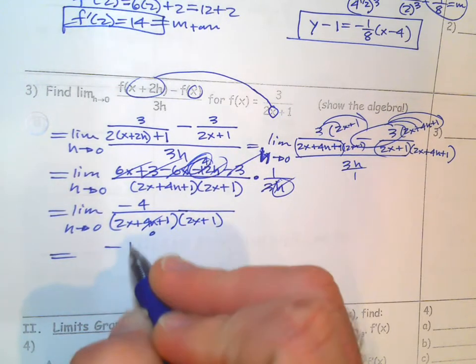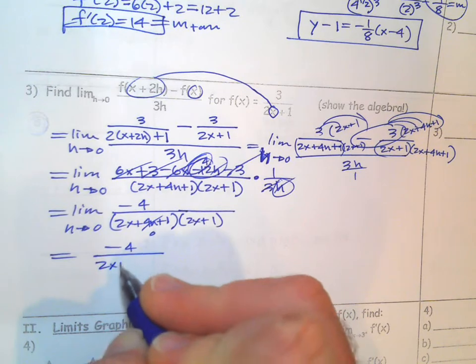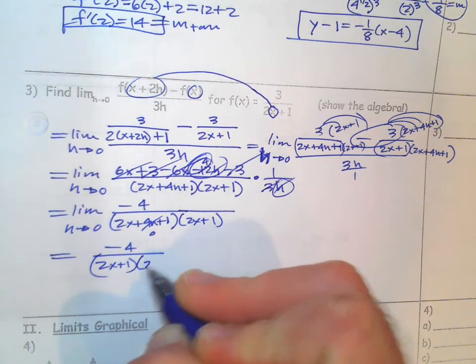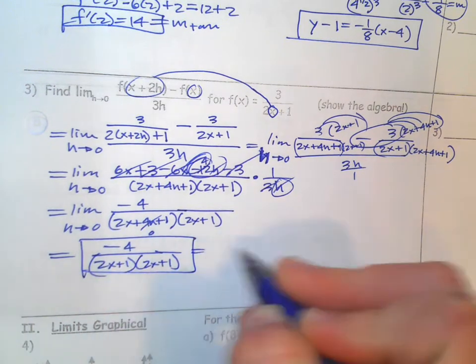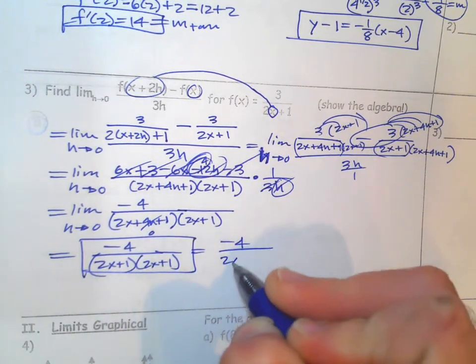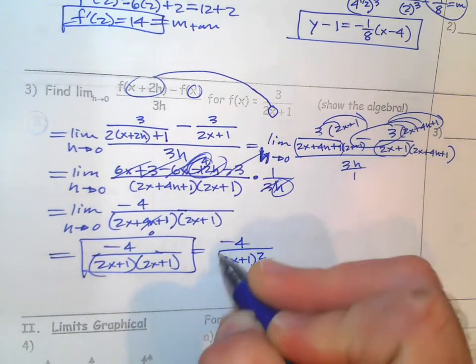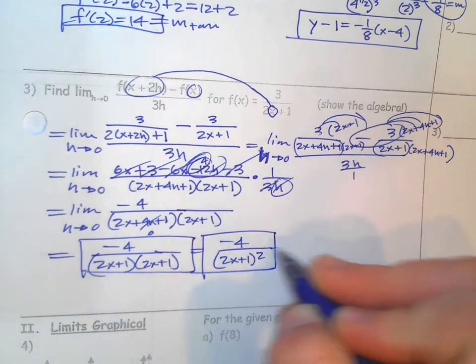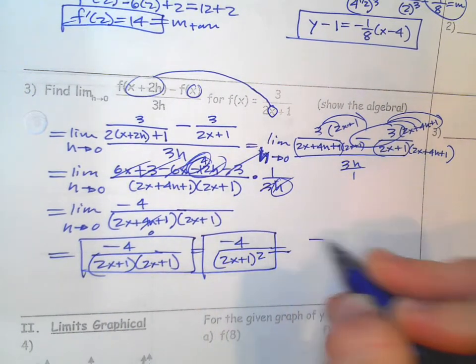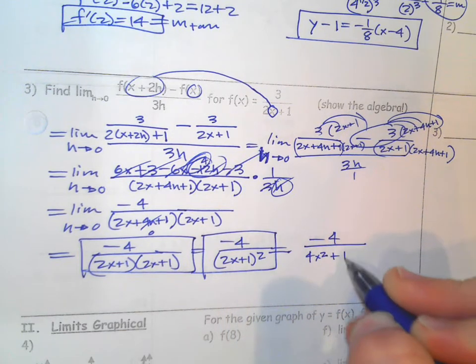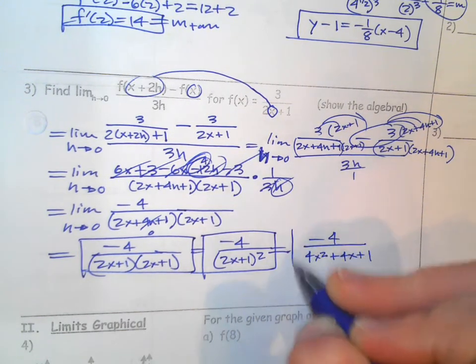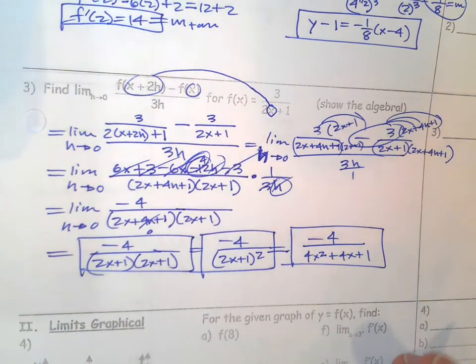And it's going to be negative 4 over 2x plus 1, 2x plus 1. Or negative 4 over 2x plus 1 squared. Or if you're really doing extra work, which I wouldn't recommend, negative 4 over 4x squared plus 4x plus 1. Any of those. But that's what you need to do.